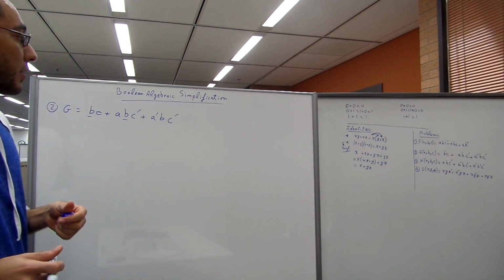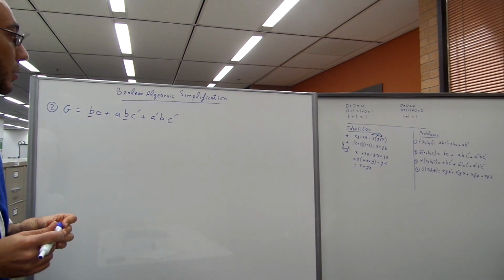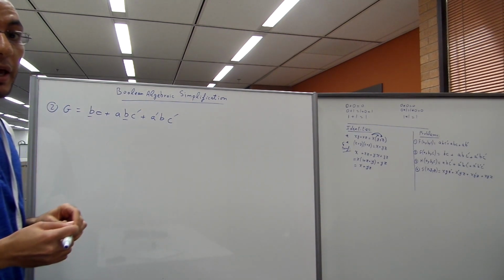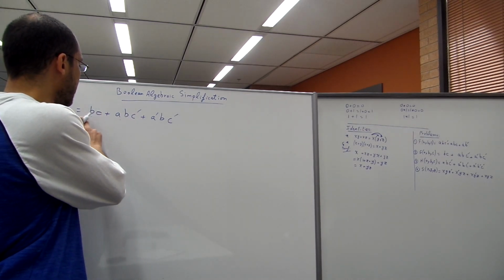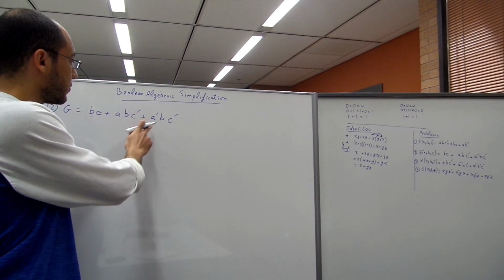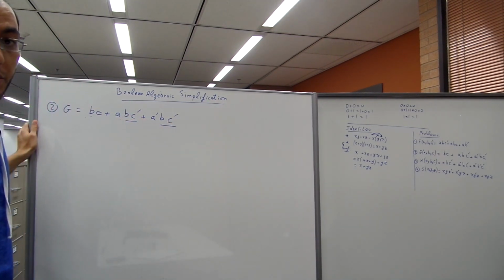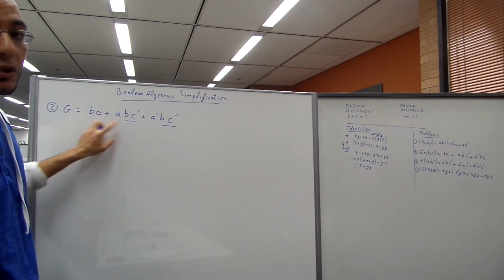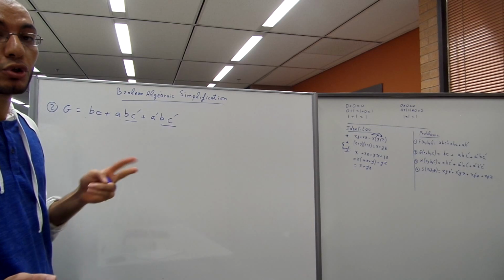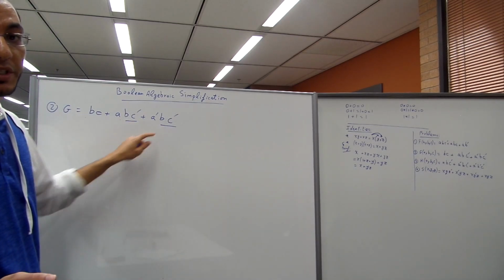And actually it turns out that there is a simpler way to start simplifying this problem, and it is by looking at the second two terms. If you look at them, you'll find that BC bar is common. So why factor out only B from the first two terms, when I could factor out two variables from the second two terms?